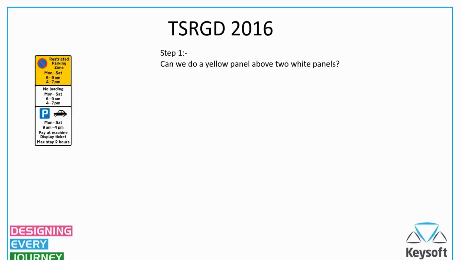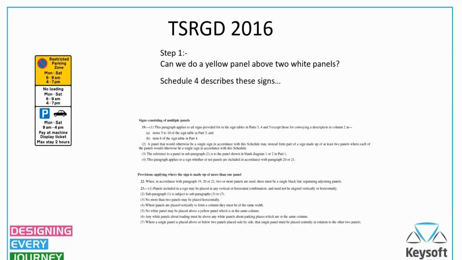So first thing I would need to think about is, can we actually do a restricted parking zone sign above a no loading, above a pay and display type sign? So we'll look at the different tables.